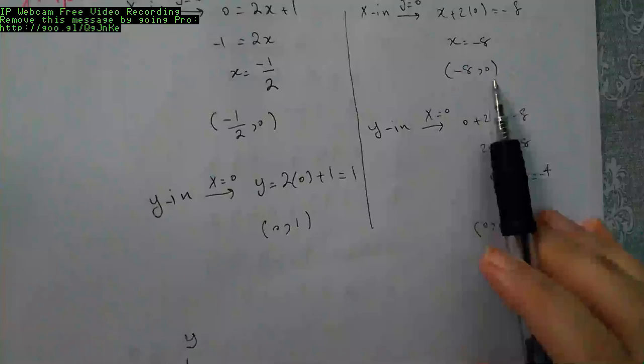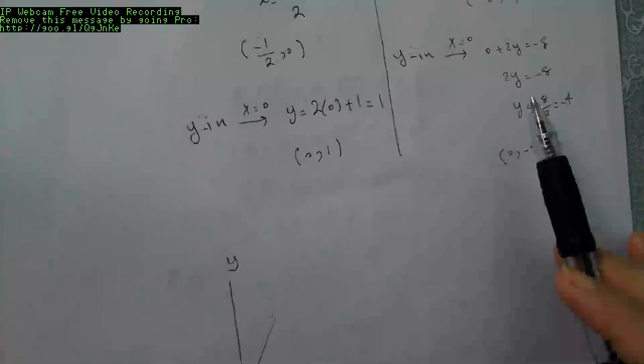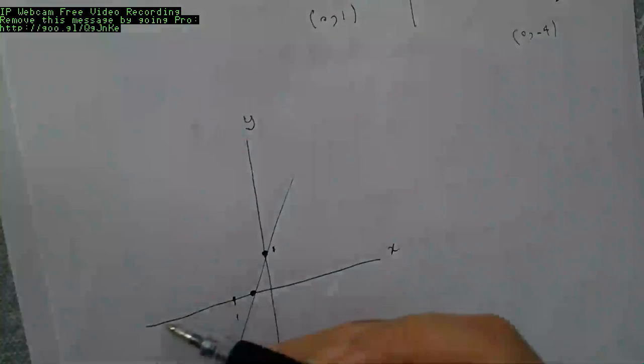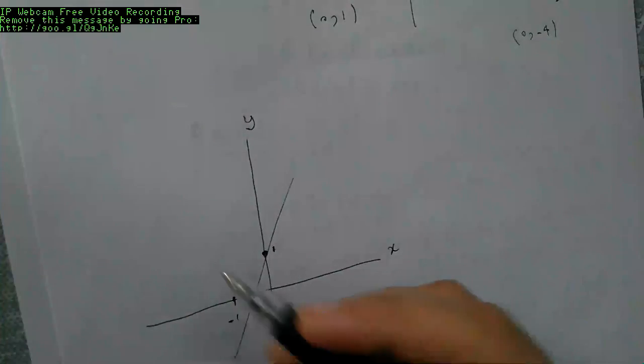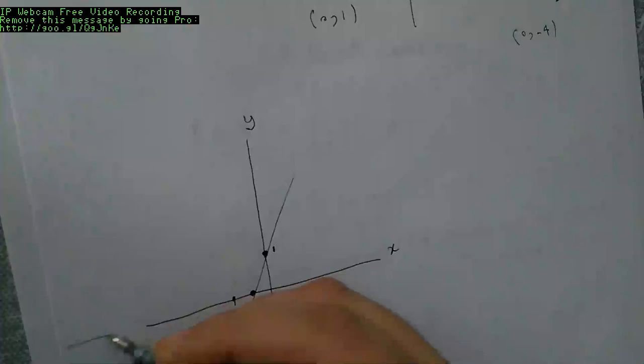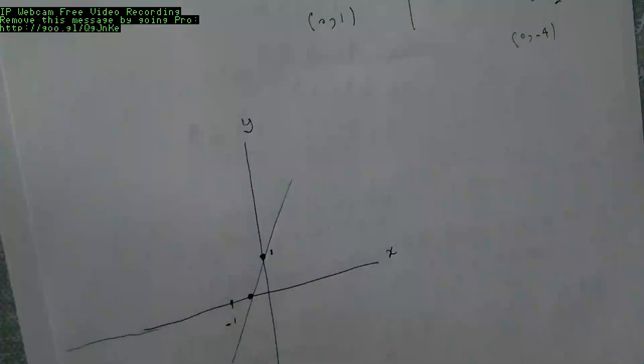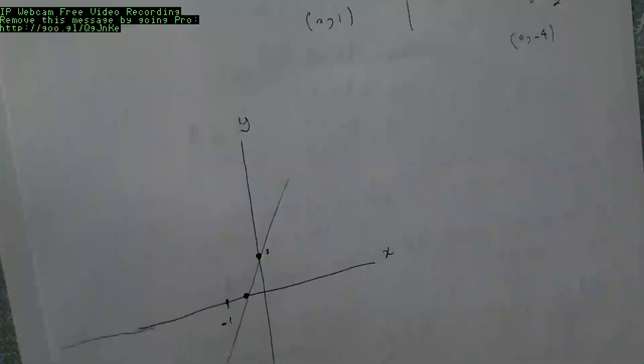For the other one, it is -8 and 0. I have to go very, very far. If this is -1, 2, 3, I cannot show that here, but maybe I can find another point on that graph.